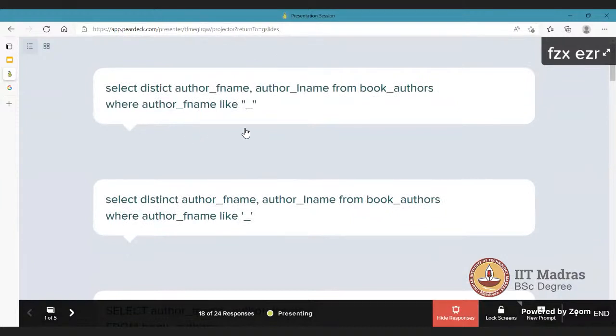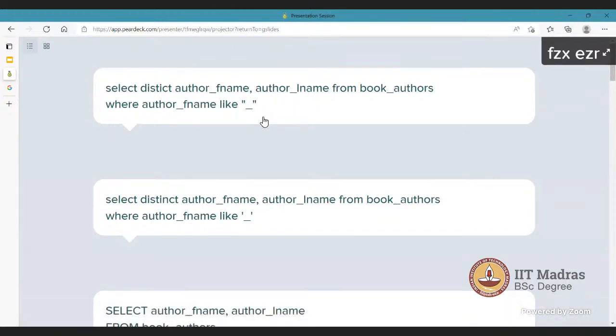Can you explain once again where we will use double quotes and where single quotes? For the table alias, suppose the table name is something like book author, as here you can use the double quote, right?